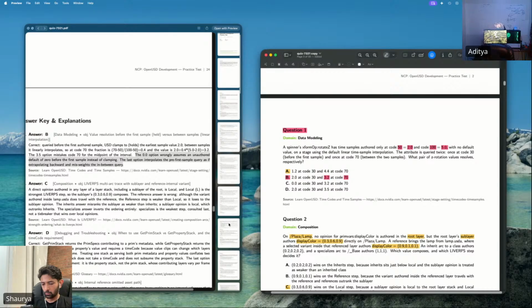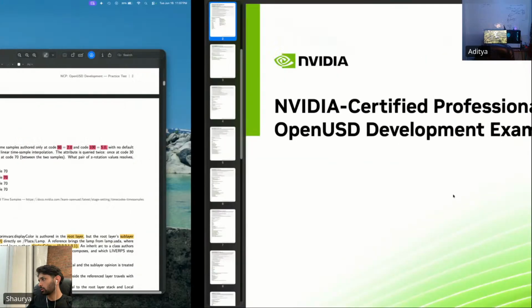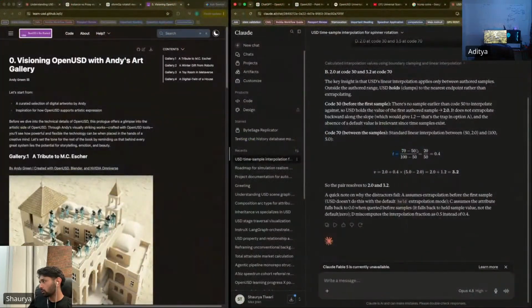What is the exact interpolation math they did over here? 70 minus 50 divided by 100 minus 50. 2 plus 0.4 into 3. Why are they doing this?